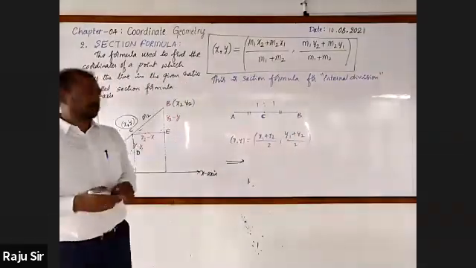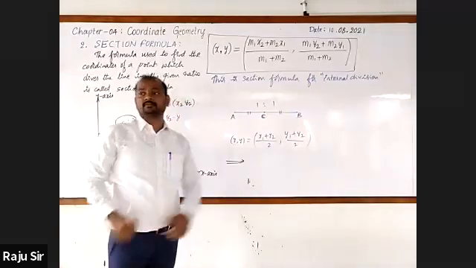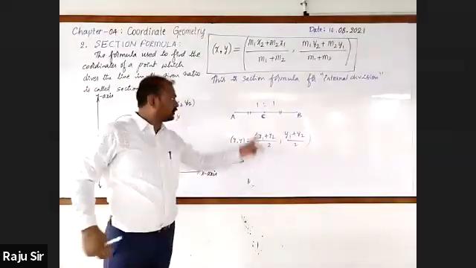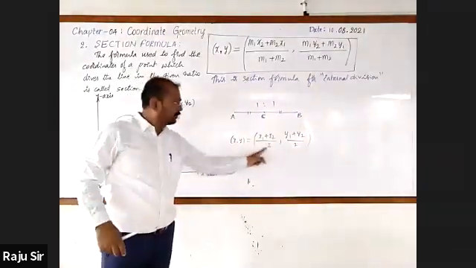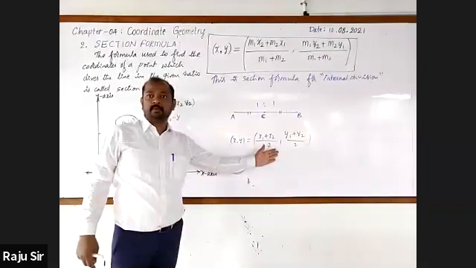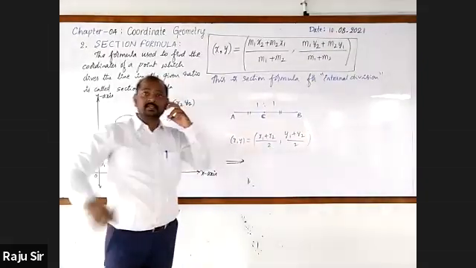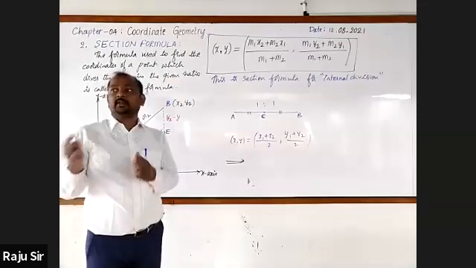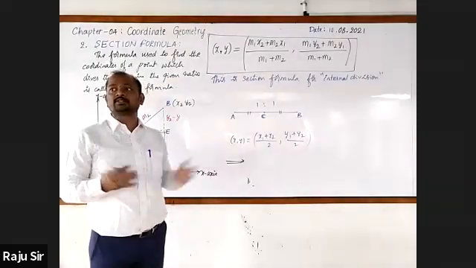This is called midpoint formula. To find out the coordinates of the midpoint, we use this midpoint formula. Is it not simple? And m1 is to m2 ratio is 1 is to 1.